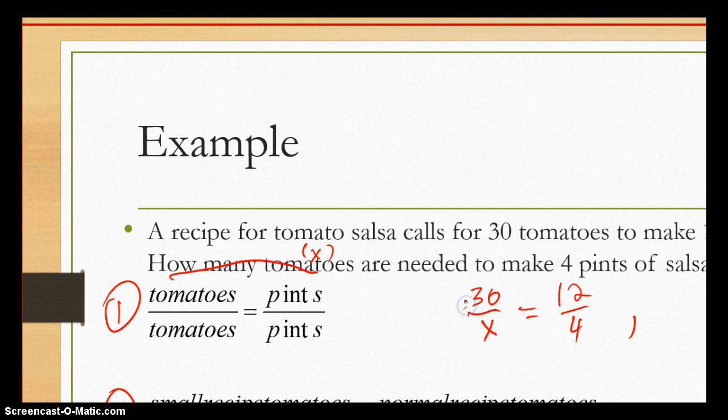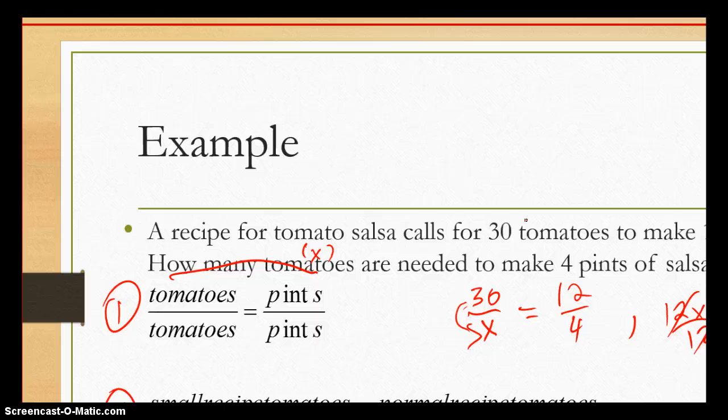Notice what the number will look like down here is x, just by comparing it over to the right side. Cross multiply, we have 12x equals 120. Divide by 12, we know that x equals 10. So we would need 10 tomatoes to make 4 pints of salsa.